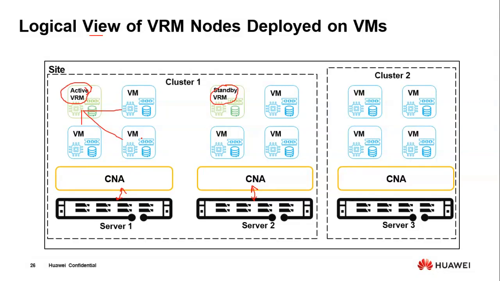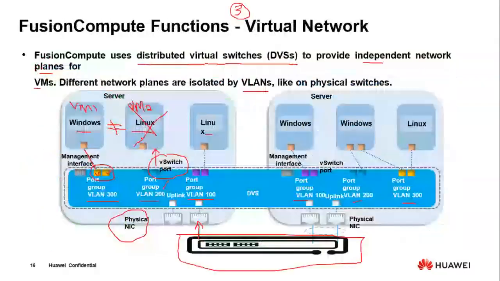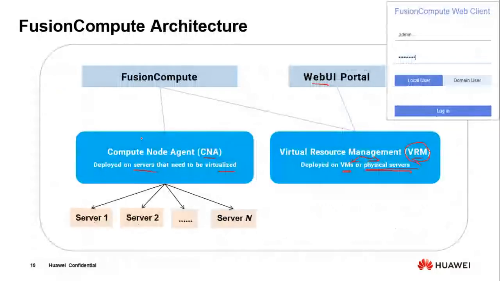You remember this? I need to go back again. The VRM interface. This is it. You log in through the VRM interface. After you have logged in, then you can have access to be able to create the virtual machines.